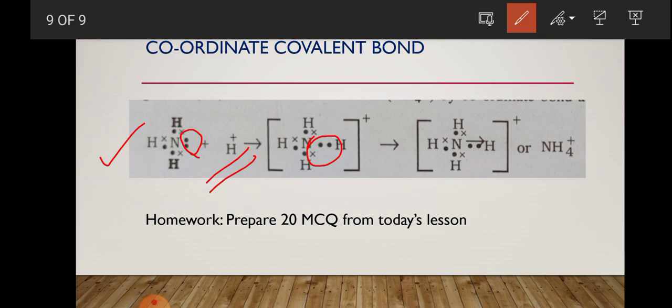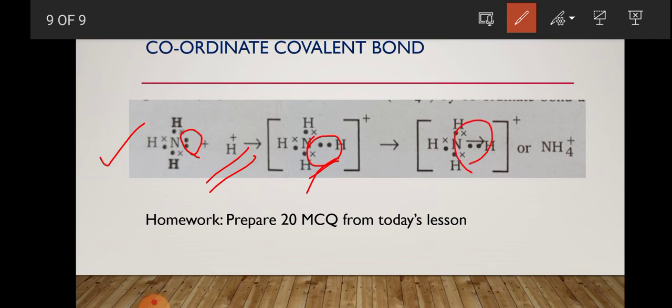Look here, this sharing pair of electrons comes from nitrogen, only from nitrogen. Since the hydrogen ion has no electron, this sharing pair of electrons comes from the nitrogen atom, and we can express this type of bond by an arrow sign.